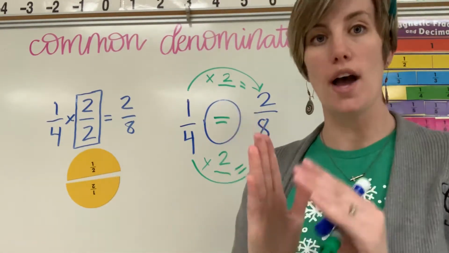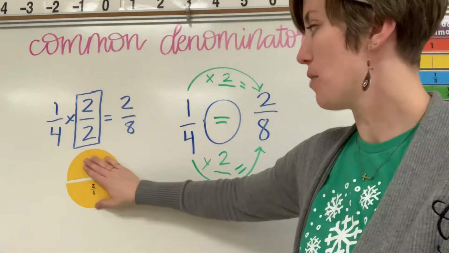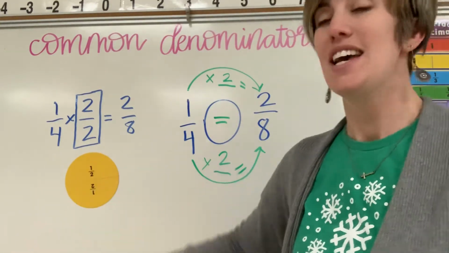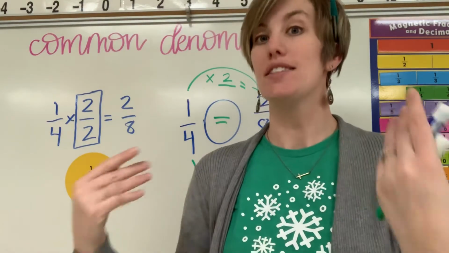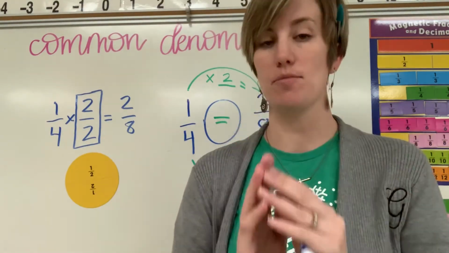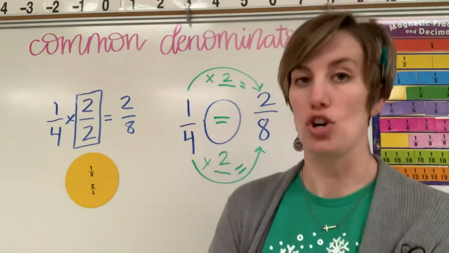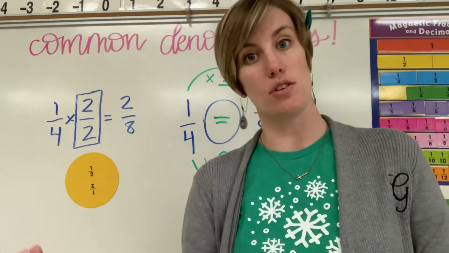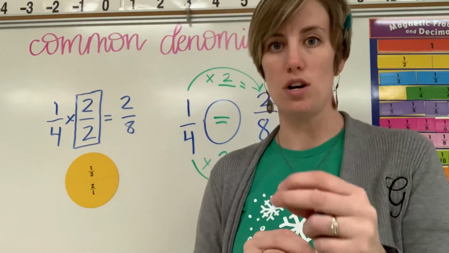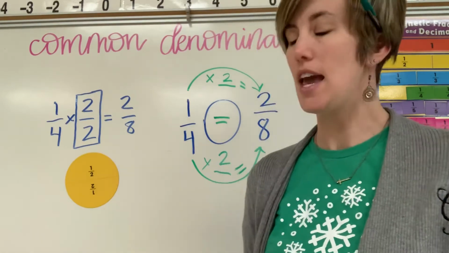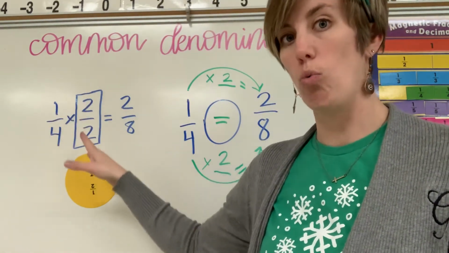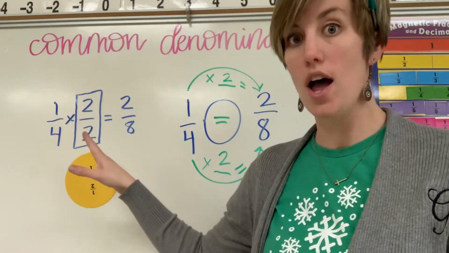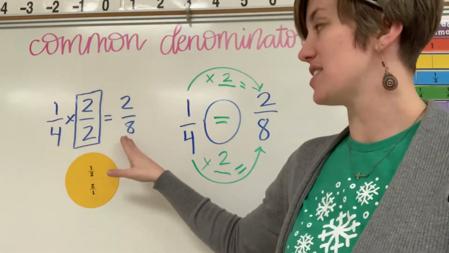You have one whole thing. So anything times 1 is itself. 6 times 1 equals 6. 13 times 1 equals 13. Anything times 1 equals itself. Same goes with fractions. 1/4 times 1 whole thing equals itself.